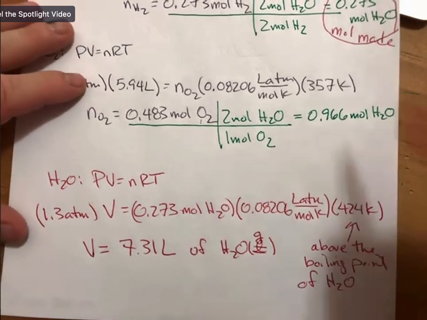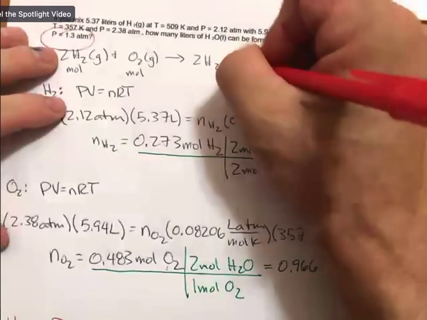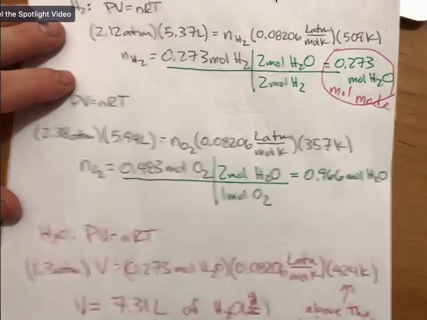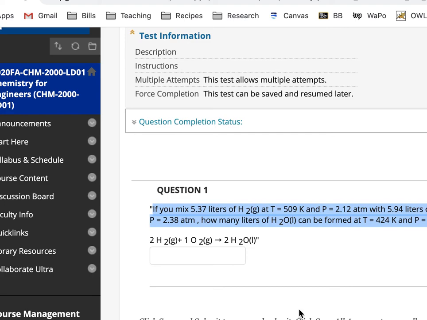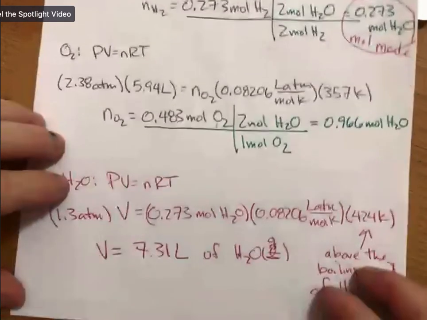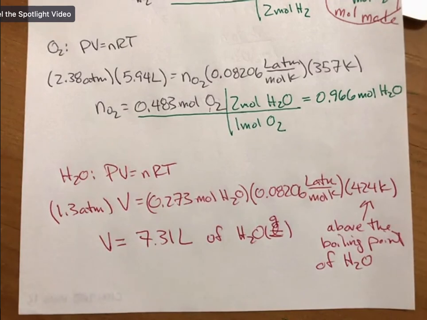So I think this reaction way up at the top should say gas here, because it has to be a gas if we're using the ideal gas law. Let's go back for a second. Oh, it does say liquid. That is a typo. It is supposed to be gas because we're using the ideal gas law, and the only time the ideal gas law works is for gases. And this is 13. So I will go back in and change it to gas.